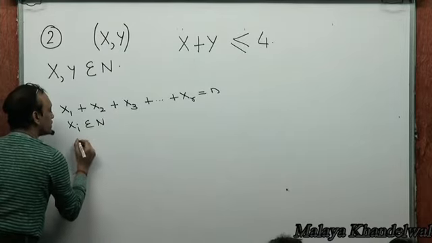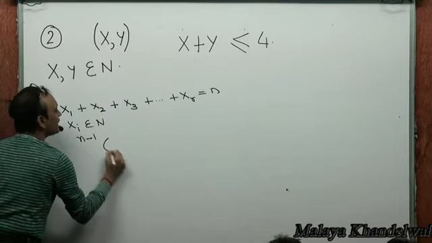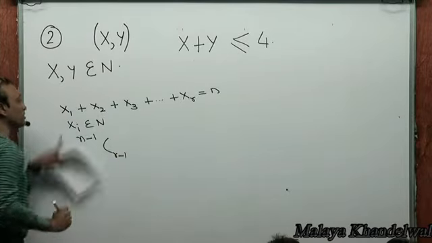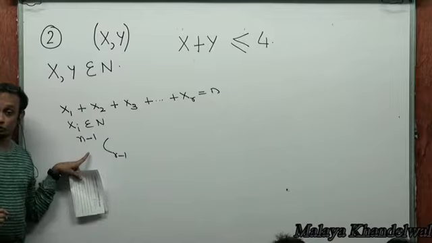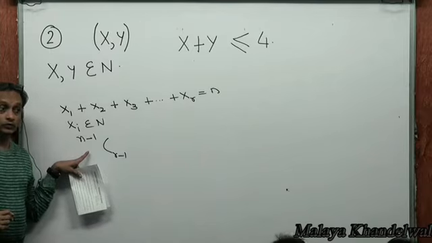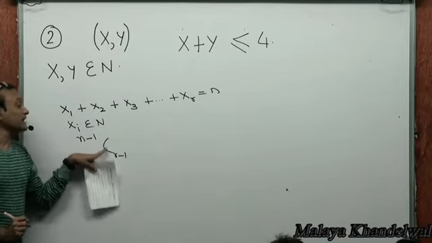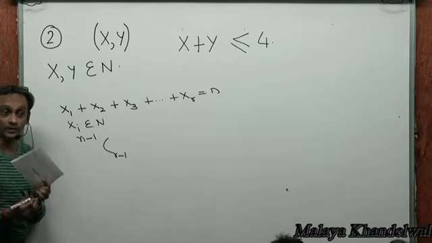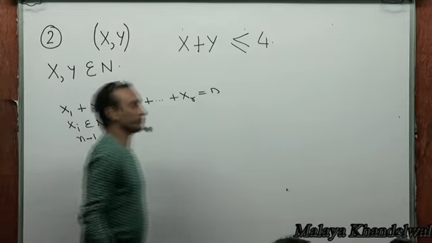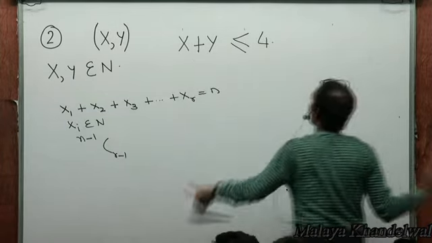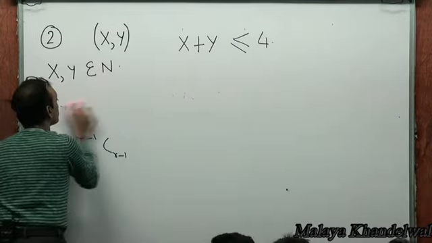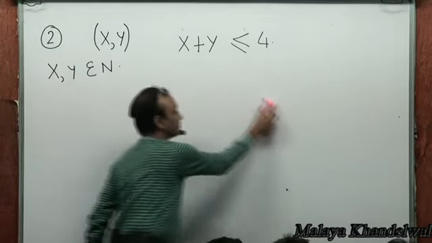Do you remember this? The number of whole number solutions to this equation was n plus r minus 1 c r minus 1. Recall that?